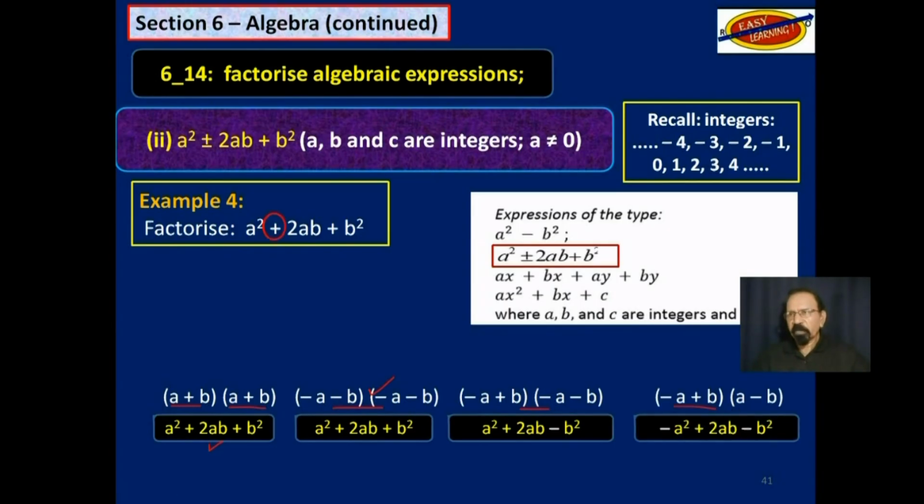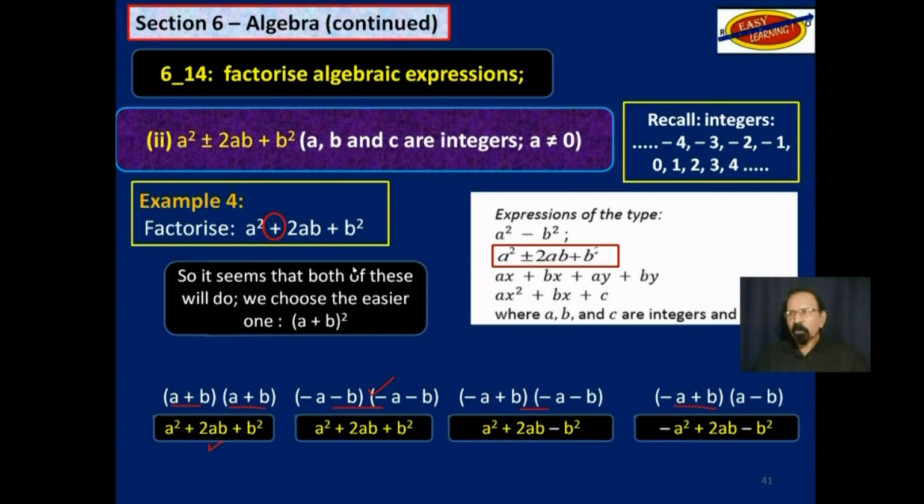So look at that plus there. It seems that both of these will do, but we will choose the one that is normally used, which is a plus b squared. So if you ever have to factorize something that looks like this, a squared plus 2ab plus b squared, you know straight off that it is a plus b squared.